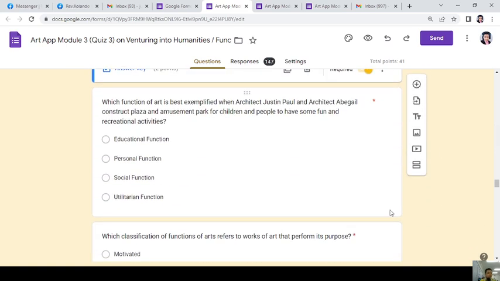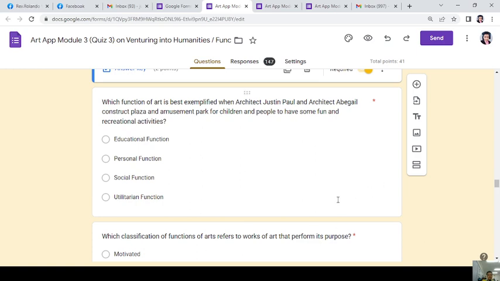Next, which function of art is best exemplified when architect Justin Paul and architect Abigail construct plaza and amusement park for children and people to have some fun and recreational activities?